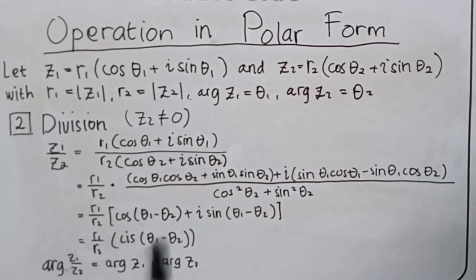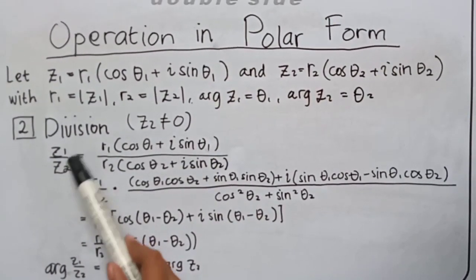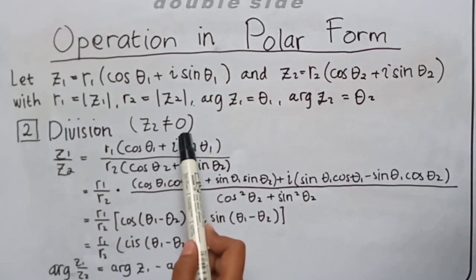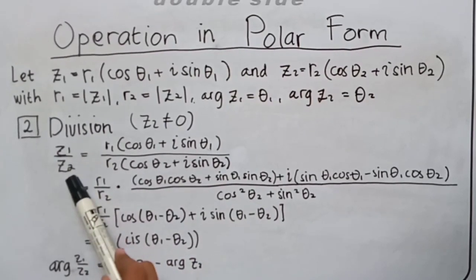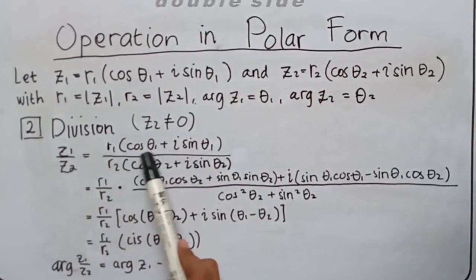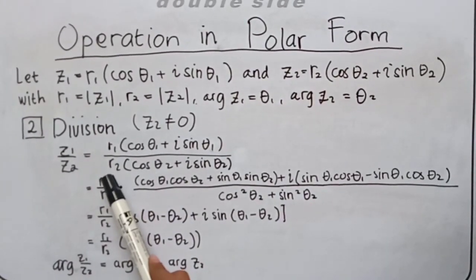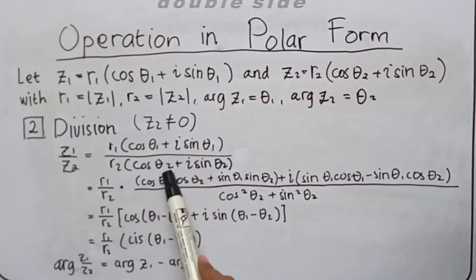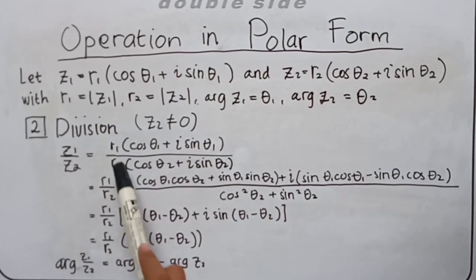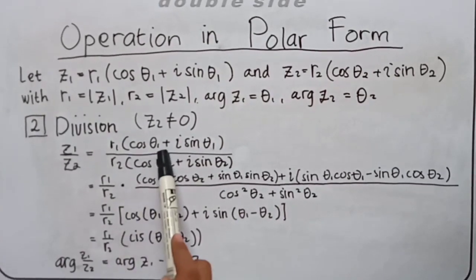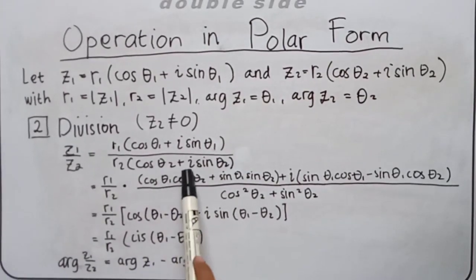Now we will discuss the division. Here we will divide Z1 over Z2, where Z2 does not equal 0. Z1 over Z2 equals R1 (cos theta 1 plus i sin theta 1) over R2 (cos theta 2 plus i sin theta 2). Here we separate it first, so R1 over R2 times (cos theta 1 plus i sin theta 1) over (cos theta 2 plus i sin theta 2).